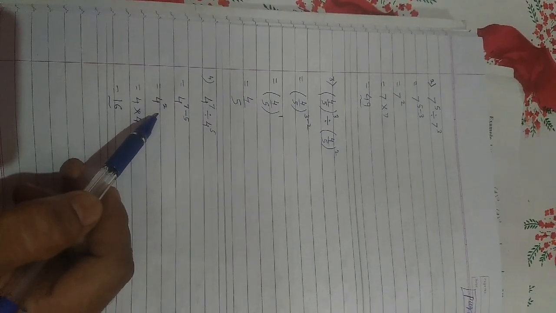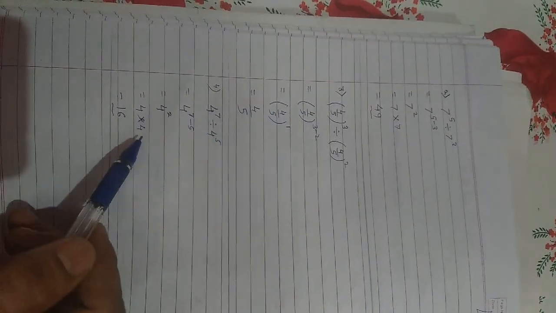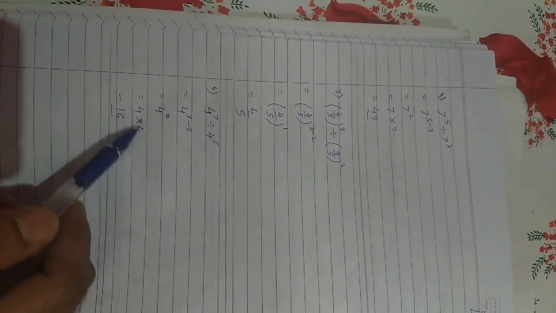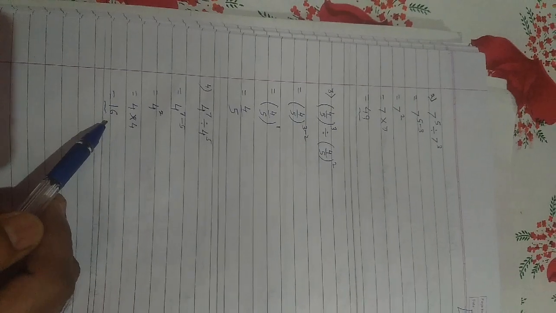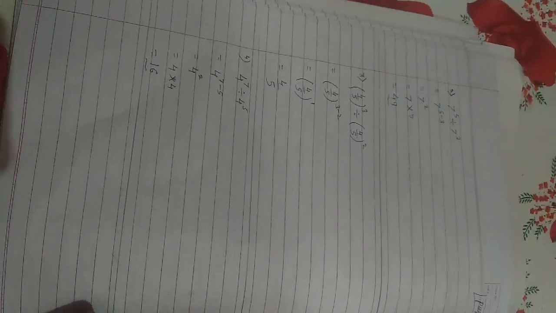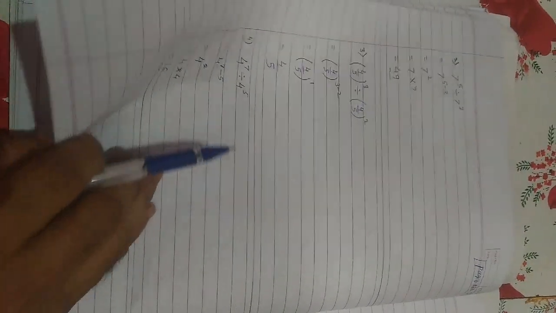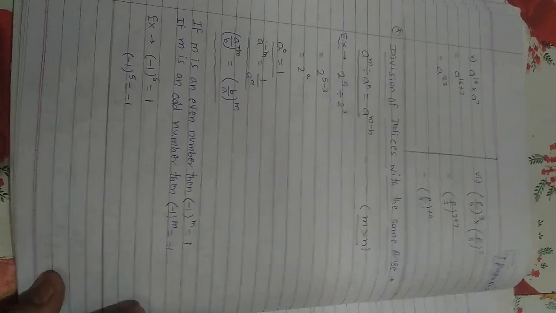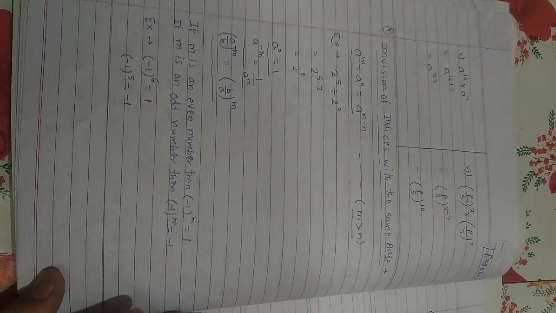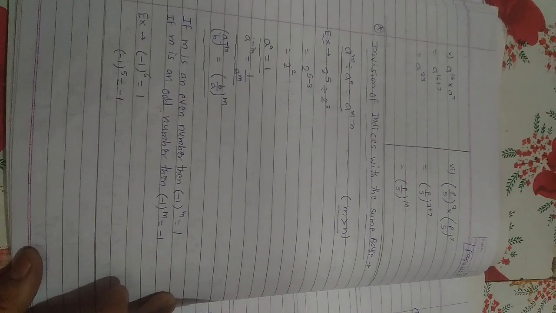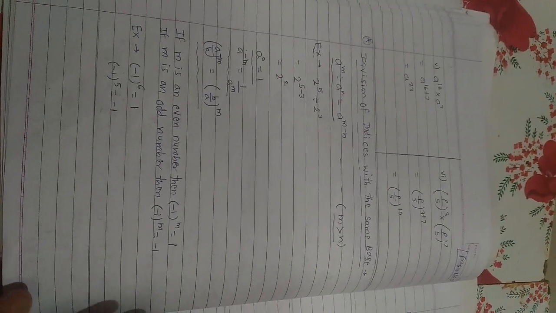Here they ask the value, so you multiply 4 into 4 and get 16. These are all rules, so write them in your notebook, and solve the solved examples given in your textbook. The next part we will go for in our next period.